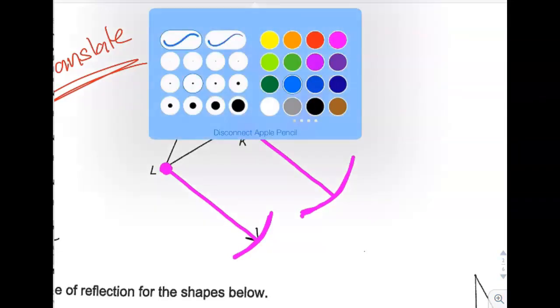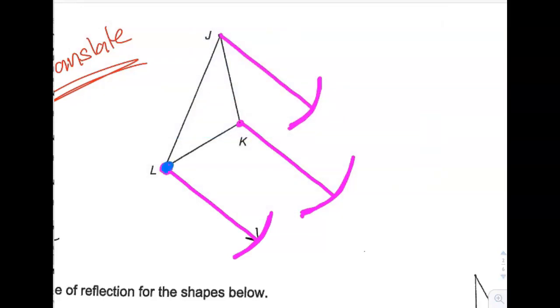Then you go back and measure from L to K. And you take that and you go to your new L, and wherever it hits this arc is your point. Now you have 2 points already.